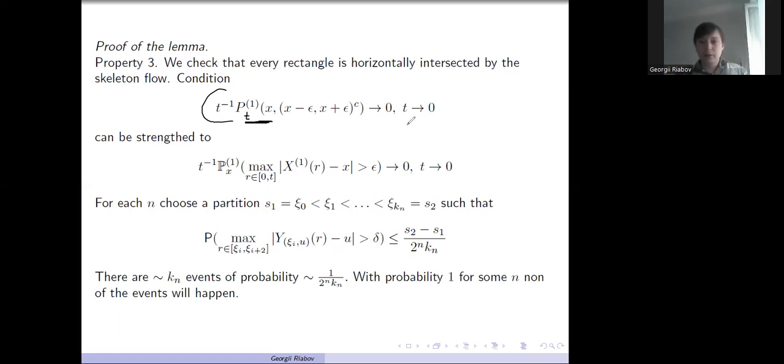Then we can consider a rectangle with rational vertices, and consider the partition of this rectangle in such a way that the probability that trajectory y that starts from this point deviated by epsilon, in my notation this is the delta, from the initial point during this small segment of time is less than the length of time divided by 2 to the power n.